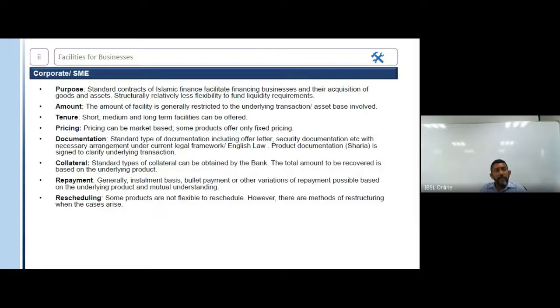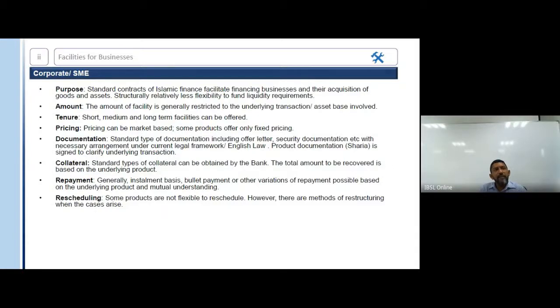The other comment that I would like to make is that when it comes to Islamic banking, we saw in the framework that we need to incorporate the Sharia aspects, the customer requirements, and the law of the land. When it comes to credit, the law of the land means our documentation related to Islamic finance should be perfectly acceptable in a court of law.